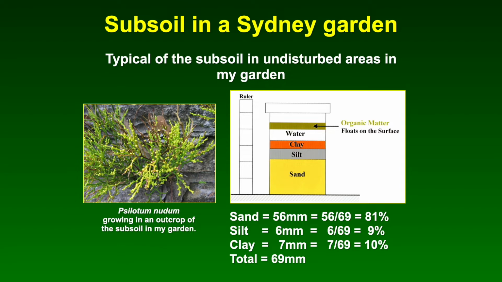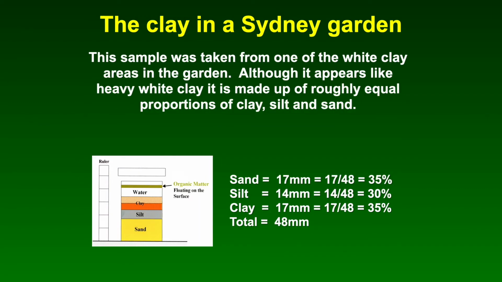This steepness, coupled with the sandy nature of the soil, results in it being very well drained. However, as there is more high ground behind this garden, water continues to run through the soil in parts of the garden for some time after it has stopped raining.